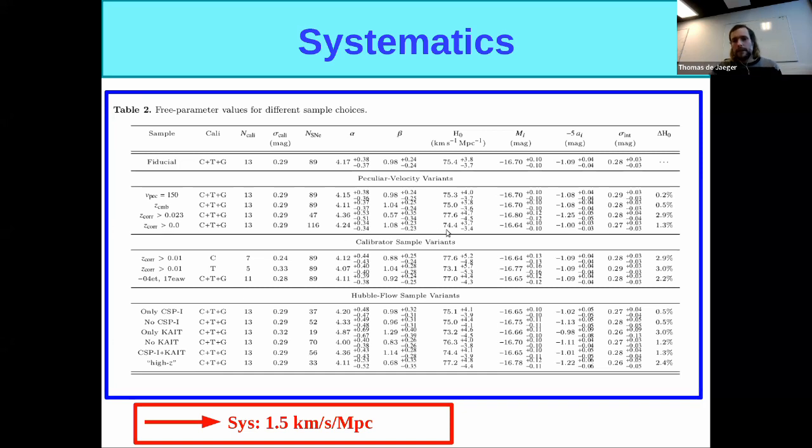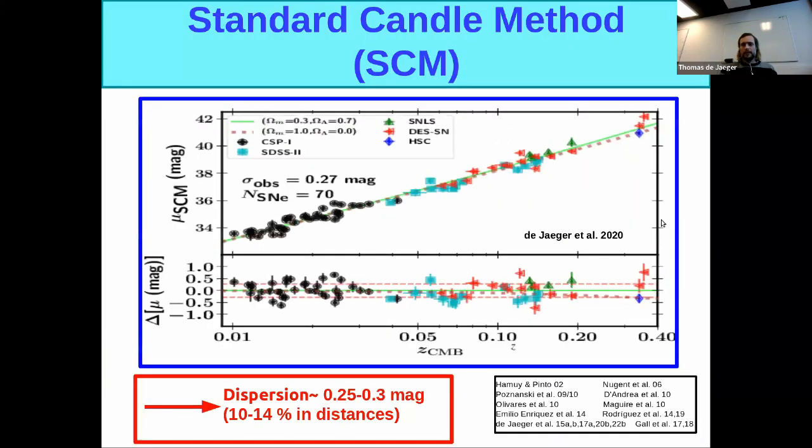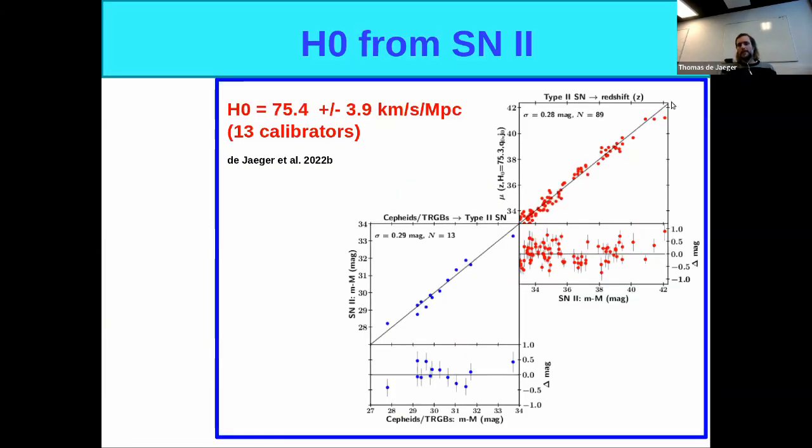You can see the percentage change here. The issue with type 2 is that we still have a small sample, so you cannot do all the cuts as type 1a have done. But the value is pretty consistent, I feel.